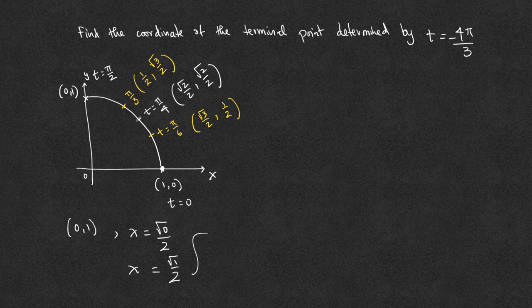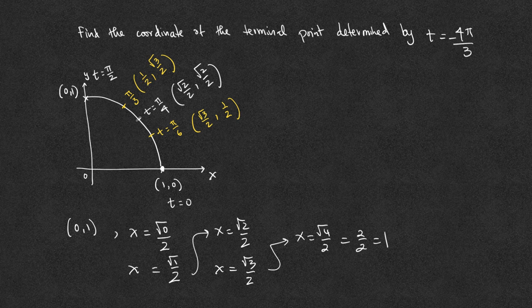And the next point is root 2 over 2. The next point is therefore x equals root 3 over 2 all the way to root 4 over 2. But root 4 over 2 is 1. Going back, this is root 0 over 2, root 1 over 2, root 2 over 2, root 3 over 2, and root 4 over 2 is 1. To save us a lot of time, this needs to be memorized.